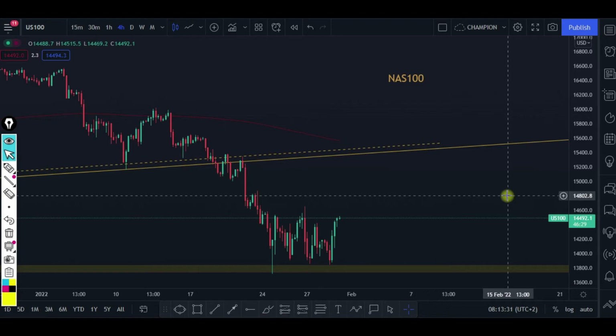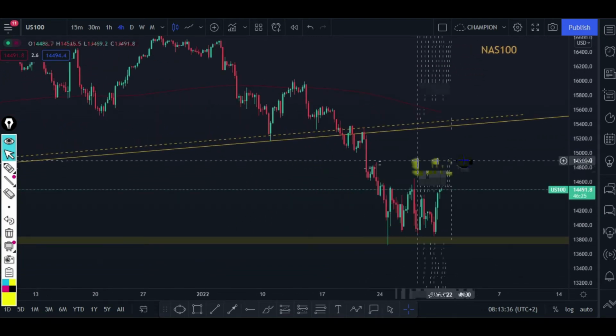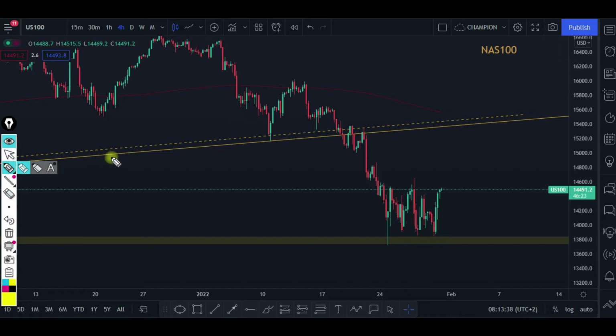If you look at our 4-hourly time frame, remember that this is our overall support. The market broke out of this area right here, came back to retest, went down and retested again.